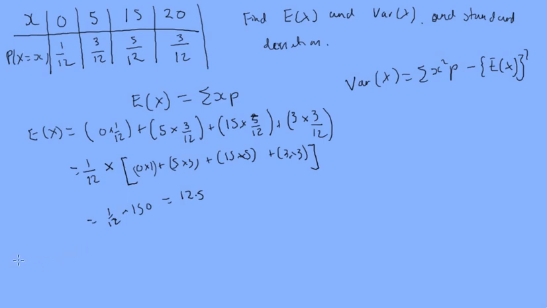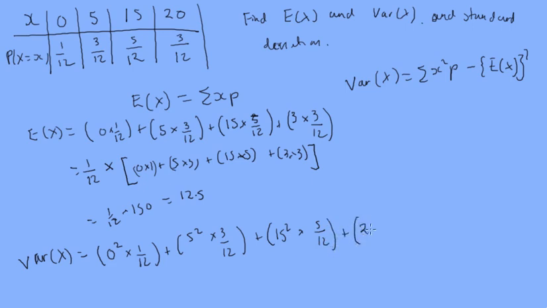Now we want the variance, which is this formula here, so we'll have 0 squared times 1/12 plus 5 squared times 3/12 plus 15 squared times 5/12 plus 20 squared times 3/12 minus 12.5 squared.